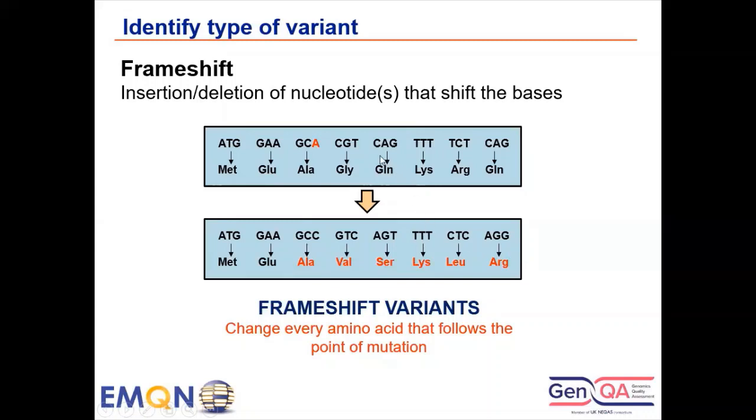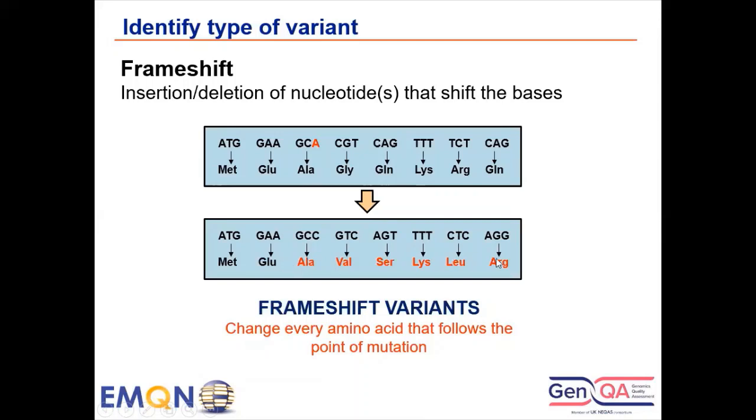A frame shift variant occurs when there is an insertion or deletion of a number of nucleotides that is not a multiple of 3. So if you have an insertion of 3, 6, or 9 nucleotides, or a deletion of 3, 6, 9 nucleotides, there will not be a frame shift.